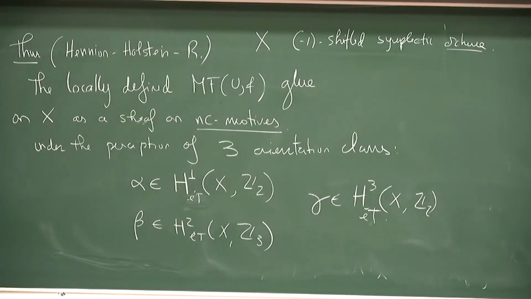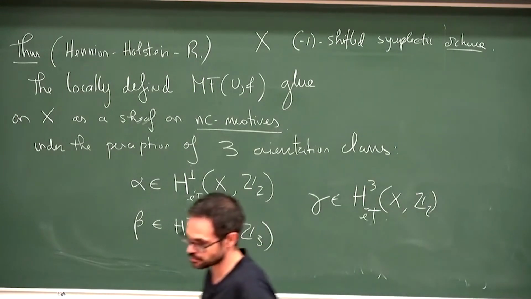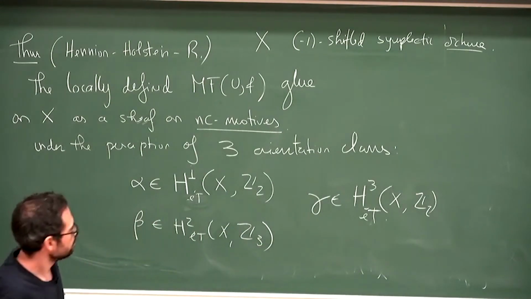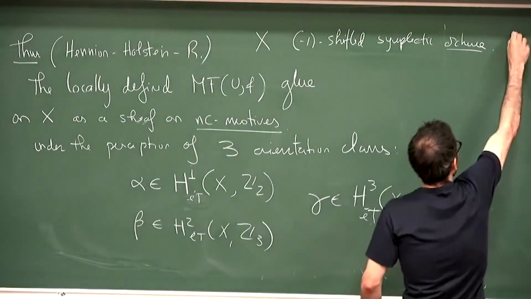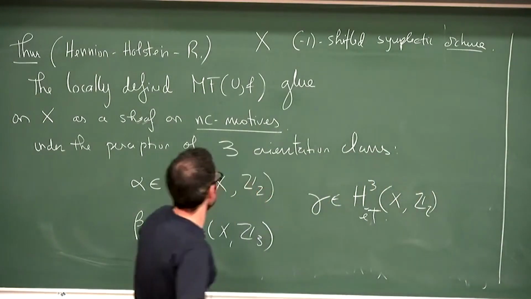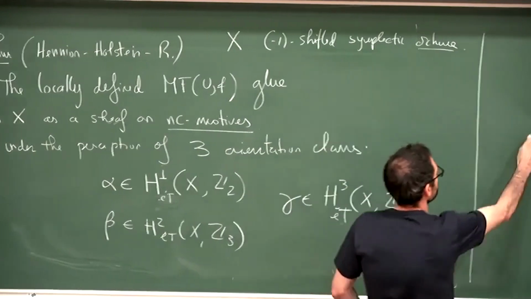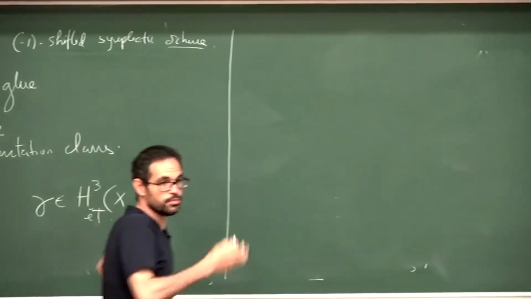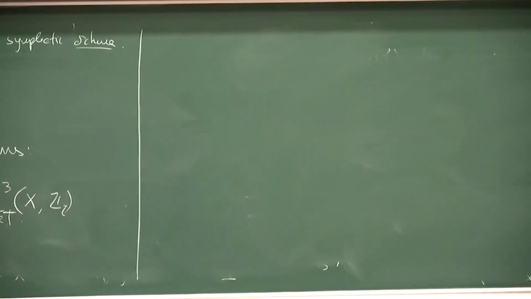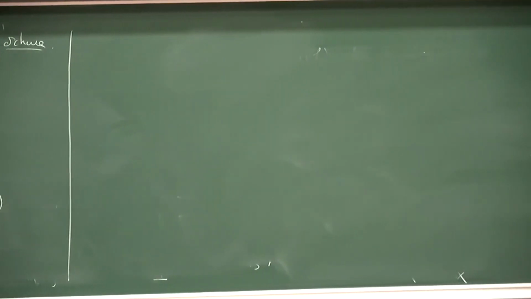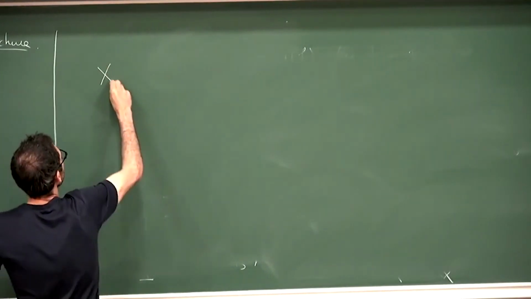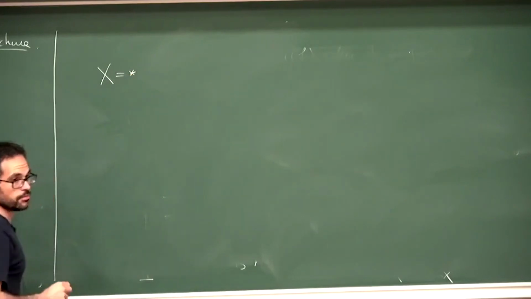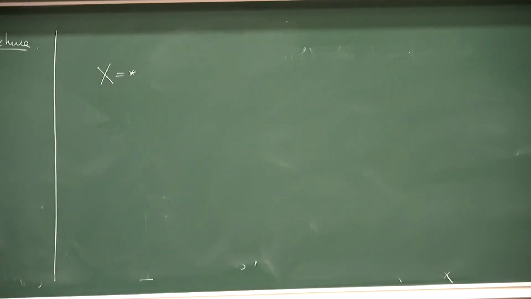In order to explain the nature of these classes, let me give you some simple examples. Let me make this picture for you. Let's go to the simplest possible -1 shifted symplectic scheme. Is it Z mod 2?